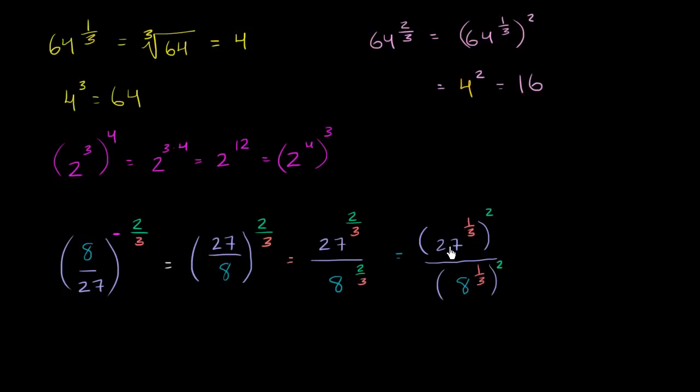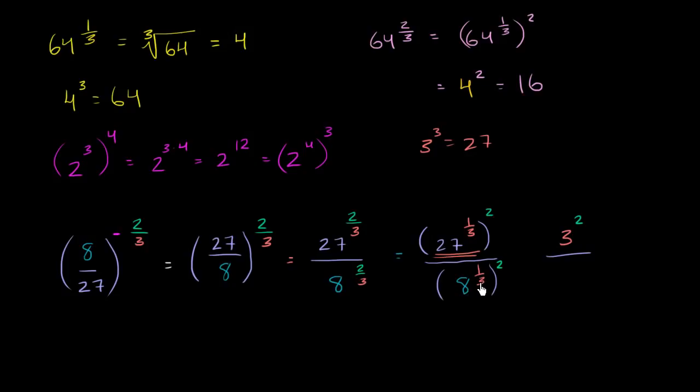So what's this going to be? Well, 27 to the 1/3 power is the cube root of 27. It's some number. That number times that same number times that same number is going to be equal to 27. Well, it might jump out at you already that 3 to the 3rd is equal to 27, or that 27 to the 1/3 is equal to 3. So in the numerator, we're going to end up with 3 squared. And then in the denominator, what's 8 to the 1/3 power?